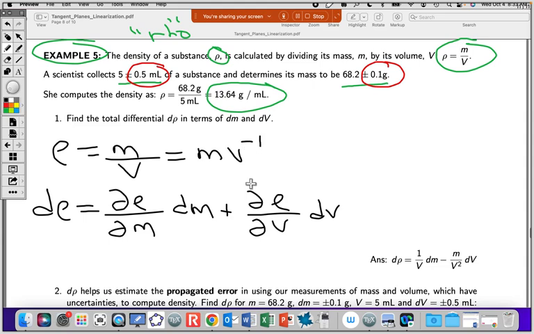Now if I look at what's going on here with these variables, I could rewrite this as m times v to the minus 1 power. You take the partial derivative of rho with respect to m, you're treating v as a constant. So what do you get when you take the partial derivative of rho with respect to m?